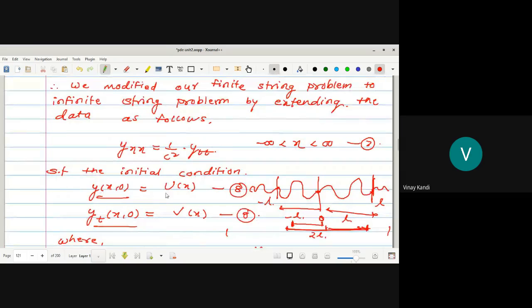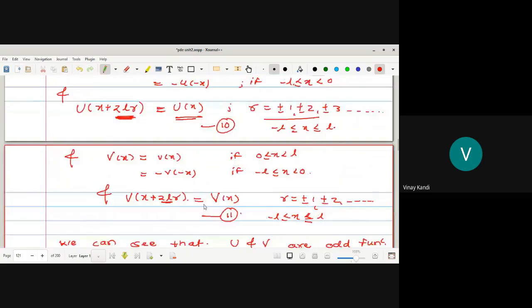These two conditions: y of x is equal to capital U of x, y t of x is equal to capital V of x.